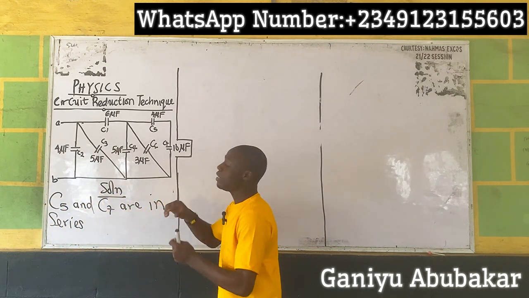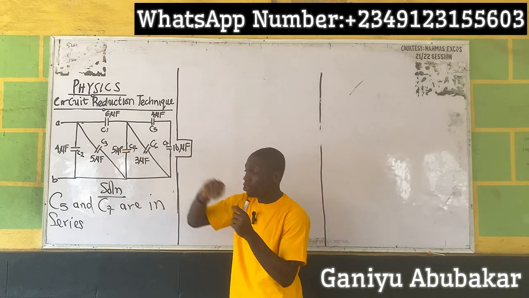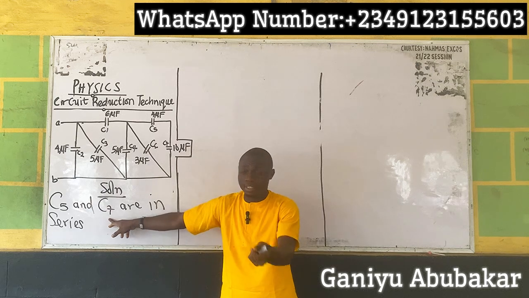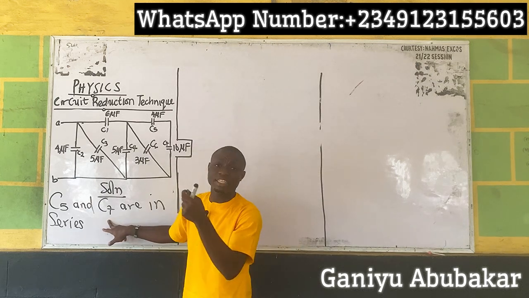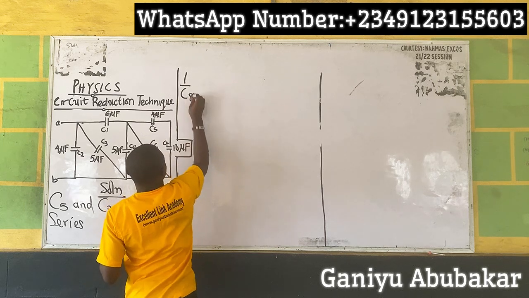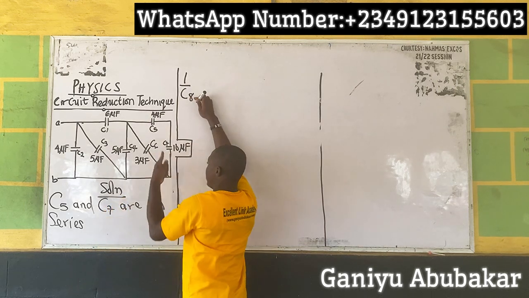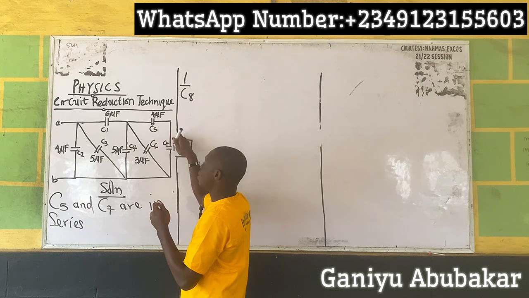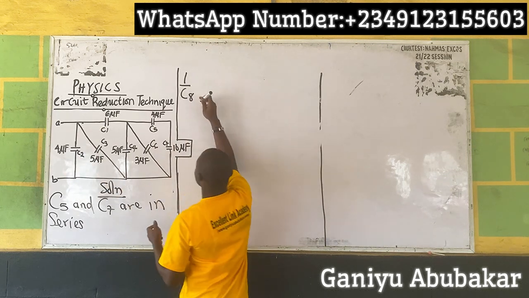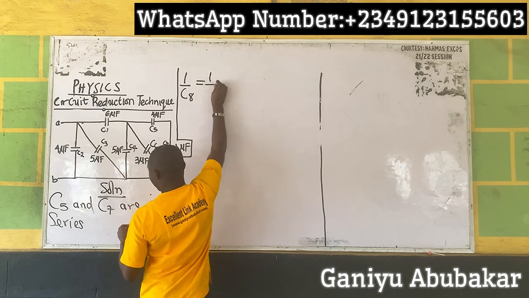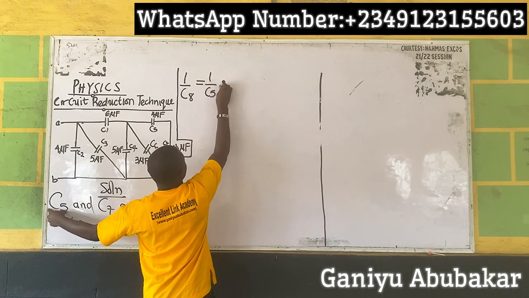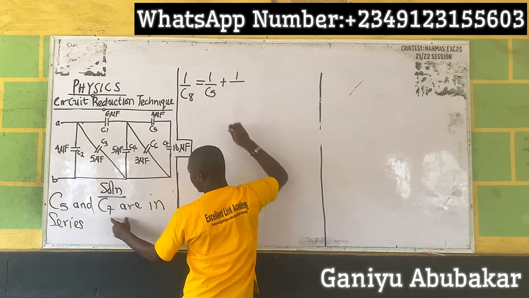The maximum label here was C7, so I can call the combination of C5 and C7 C8. If capacitors are arranged in series, that gives you 1 over C8 equals 1 over C5 plus 1 over C7.